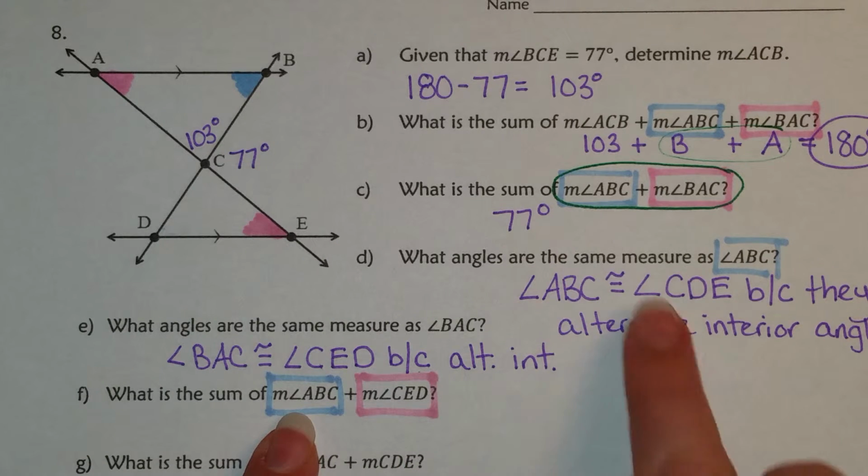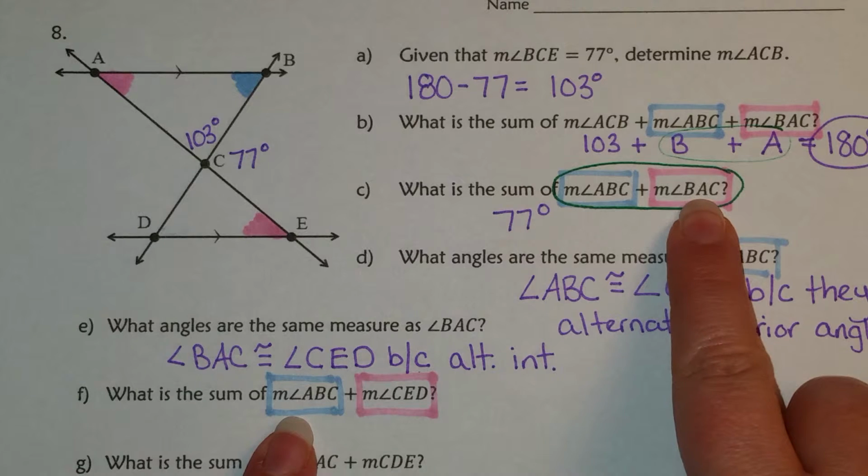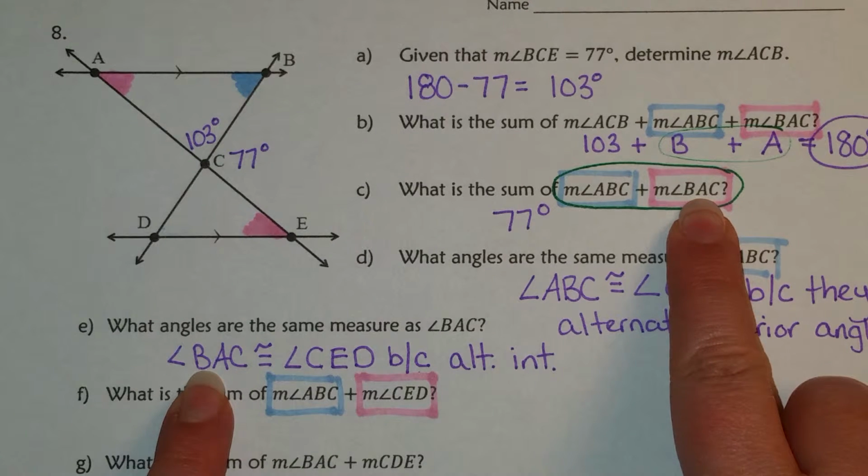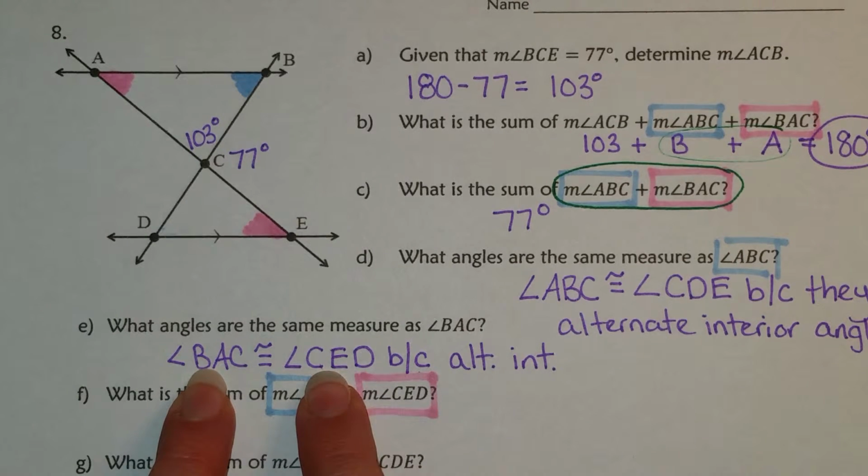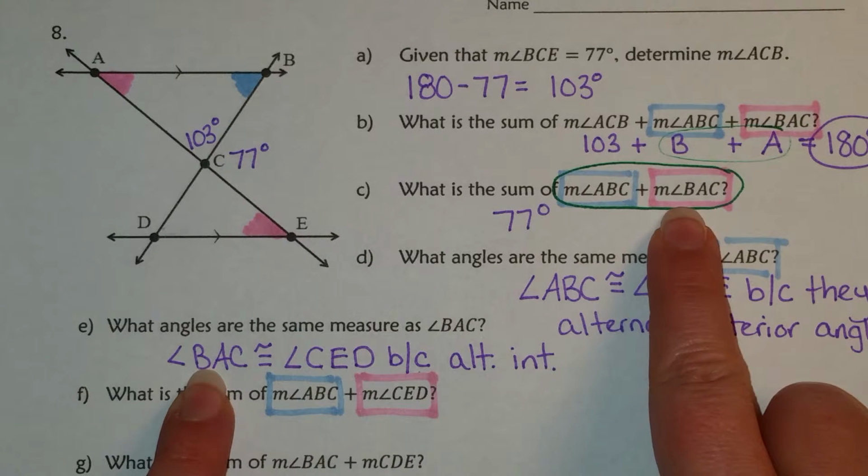So here's how I want you to think about it. If BAC is congruent to CED, can't I just replace this?